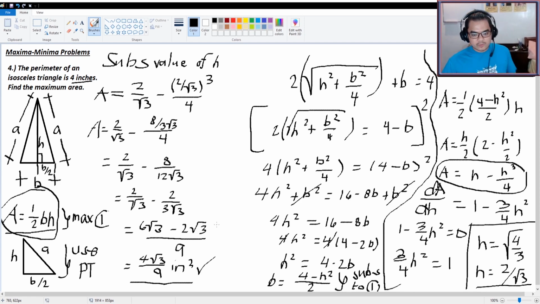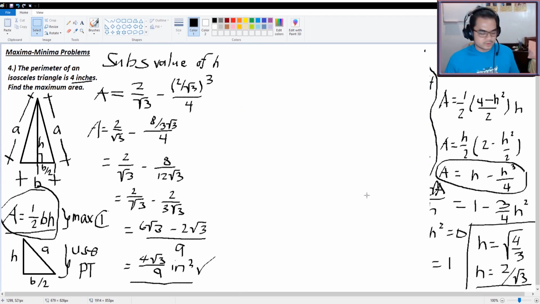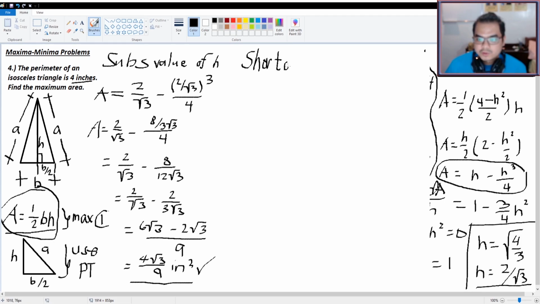Of course, we have a shortcut. Let's delete this one. So let's try out the shortcut. This is a short method of answering this problem. As you can see, the long way is quite long.